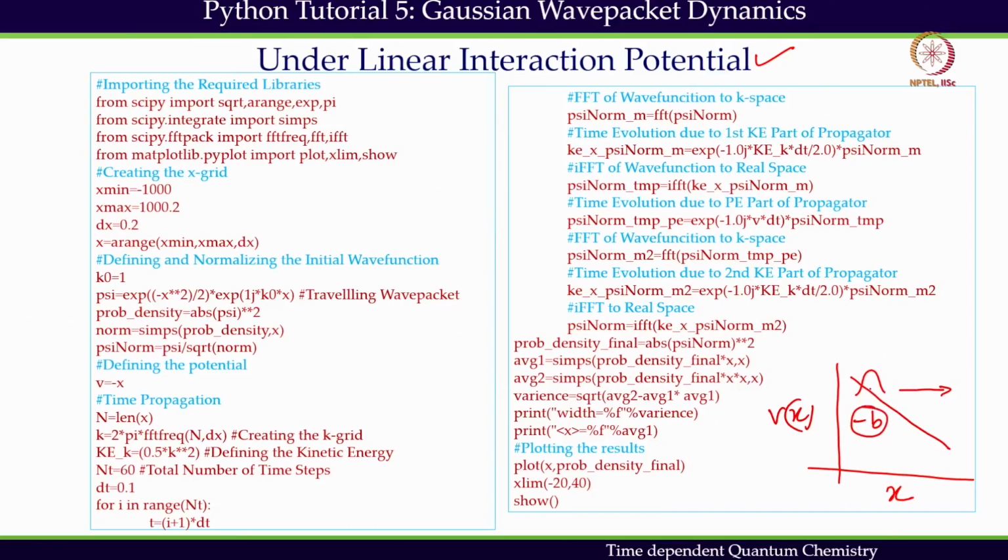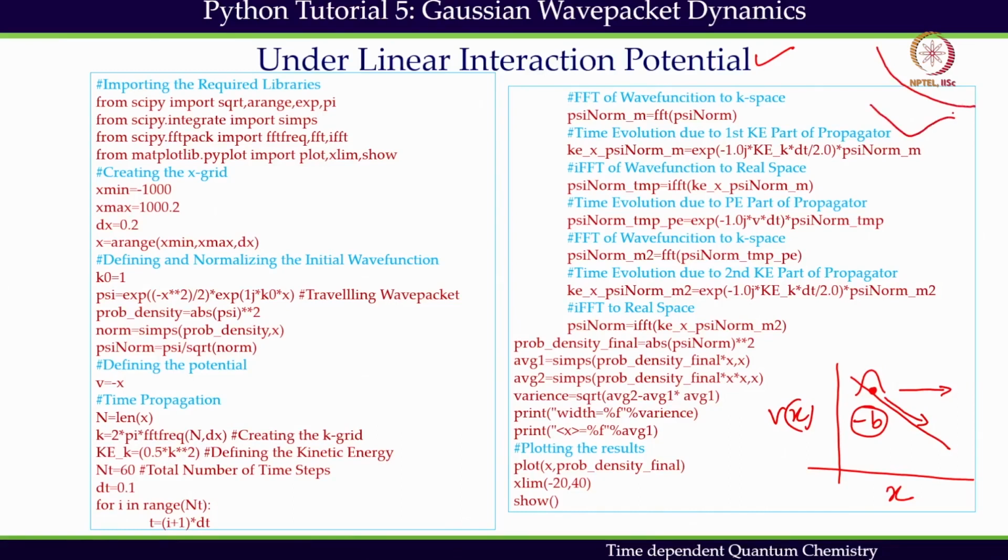And classically it is also true, because if a ball is sliding over this slope, it will be accelerating, so it will be increasing its velocity as a function of time, and we will see what is going on. So a linear potential can be a model for, let's say, a potential like this.